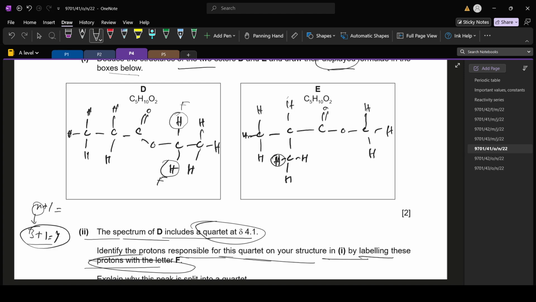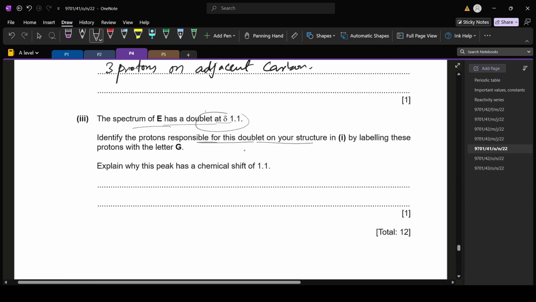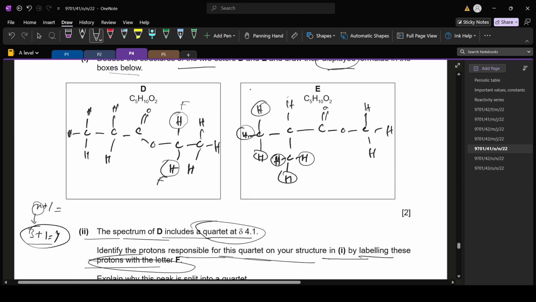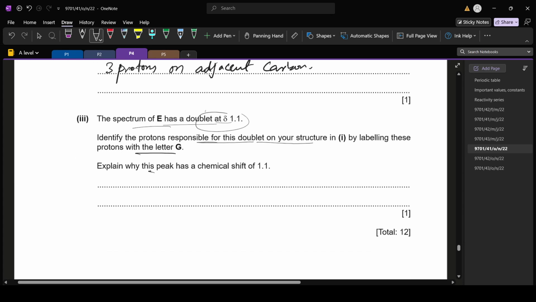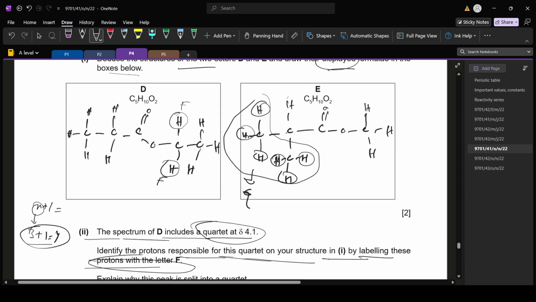Now identify the protons responsible for this doublet on your structure by labeling these protons with the letter G. So you have to label these protons with the letter G. And explain why this peak has a chemical shift of 1.1. Because you can see that on the adjacent carbon there is one hydrogen.